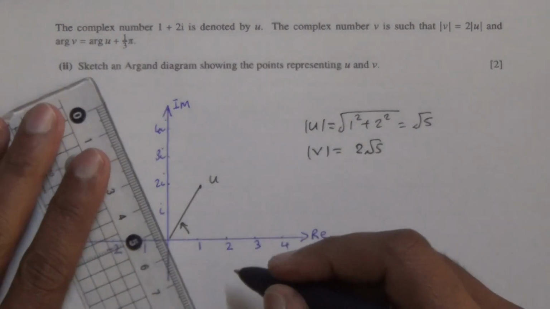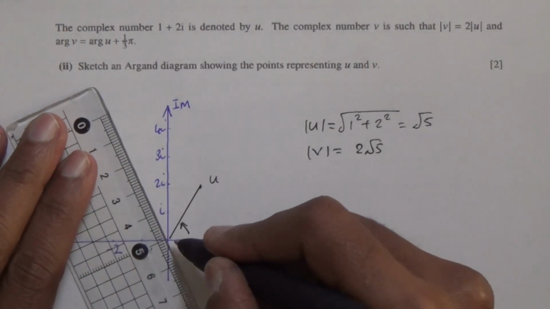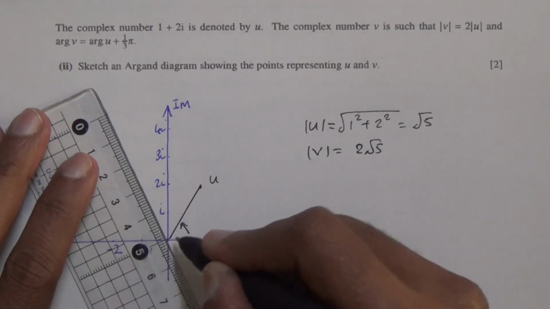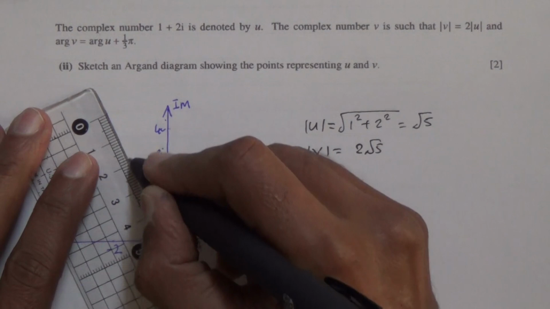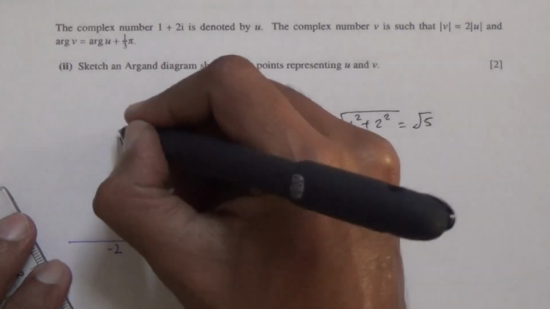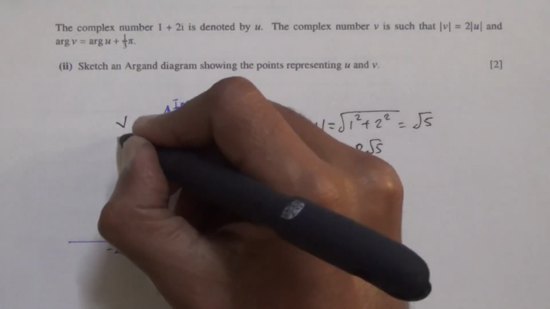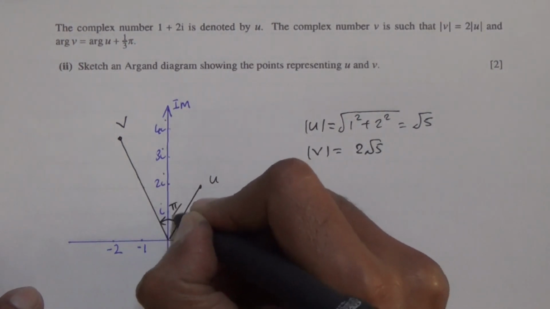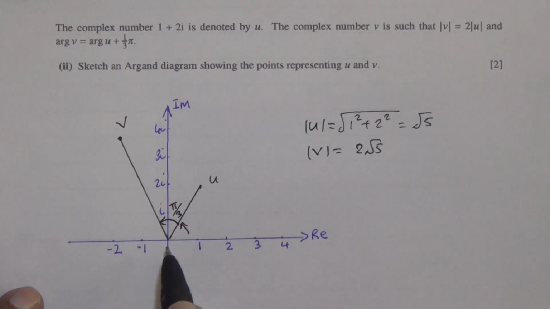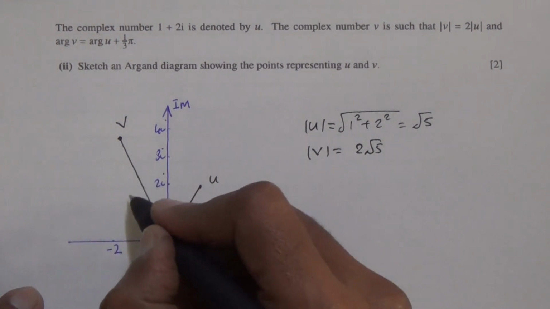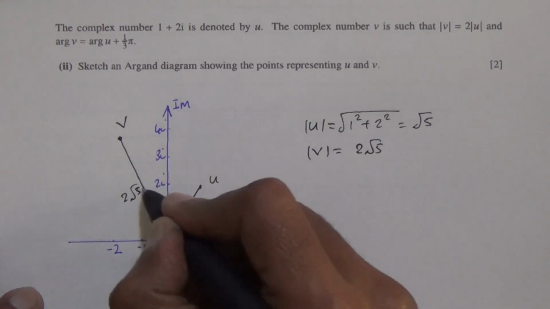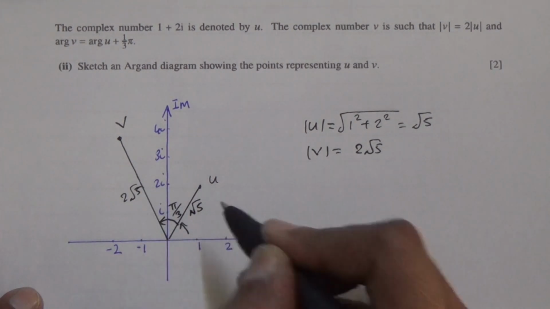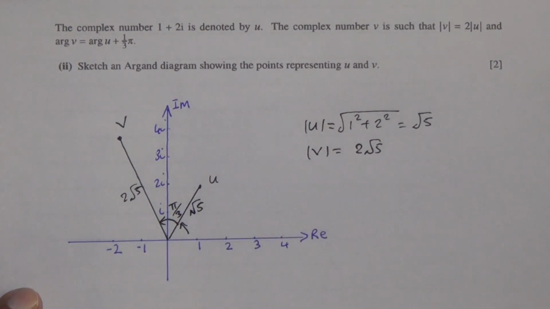And then you get pi/3, which is about 60 degrees, so you're going to go in this direction, somewhere here. So this is v. These are very important points here: pi upon 3, the examiner will look for this, and this is 2 root 5, and this is root 5. So here we are for the second part.